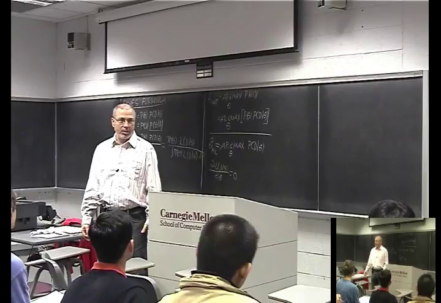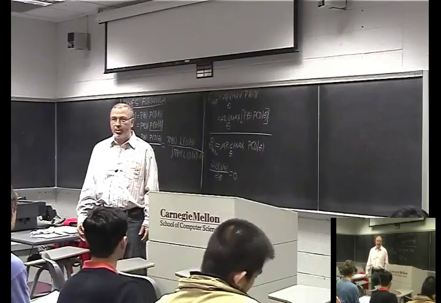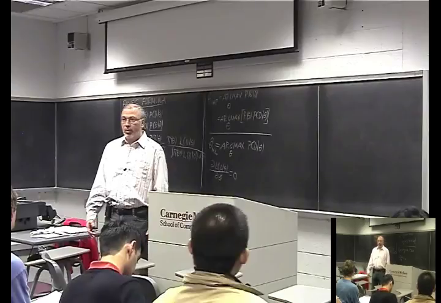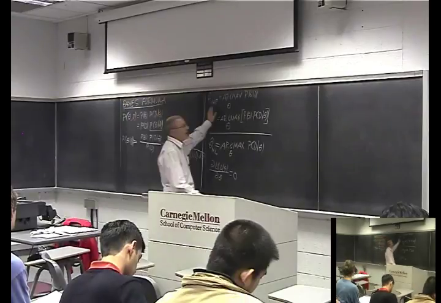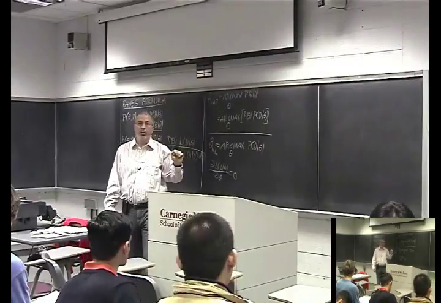The common intuition that every high school kid has turns out to be the maximum likelihood answer. Which means it may or may not be the MAP answer. If the prior is not uniform, it is not the MAP answer.